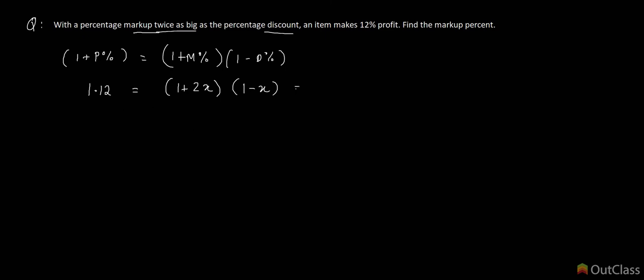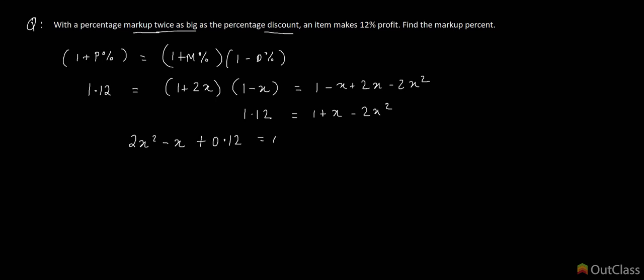This will give you 1 minus x plus 2x minus 2x square, which is basically 1 plus x minus 2x square. That's 1.12. You can rewrite it as 2x square minus x plus 0.12 is equal to 0. This is a product of 0.24 and sum of 1.